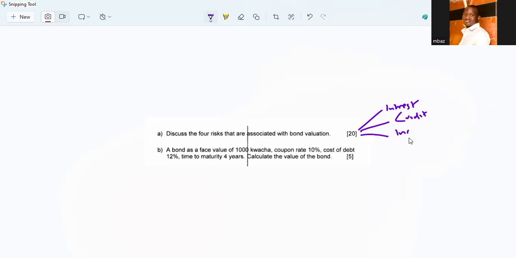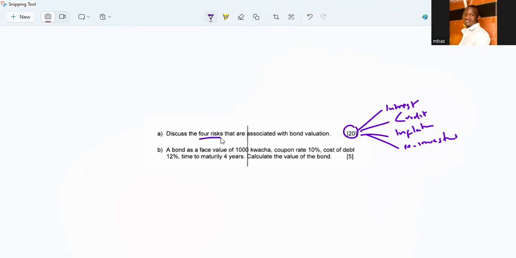What other risk is there? I think I saw reinvestment risk. What other risk is there? Okay, so please, these are 20 marks, so you need to explain in depth the risks that are there.